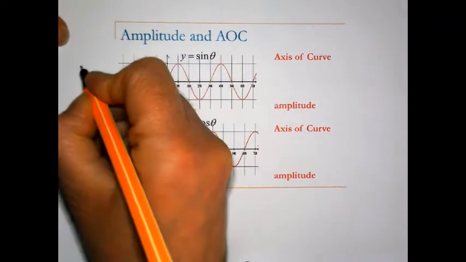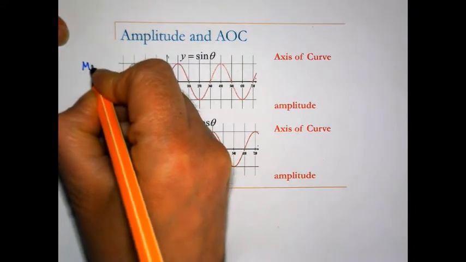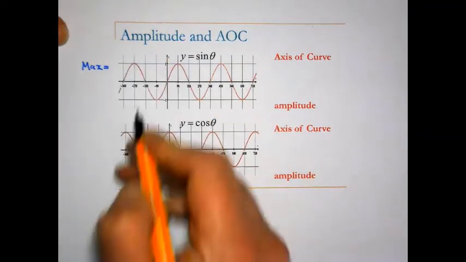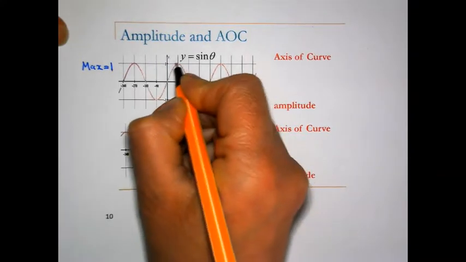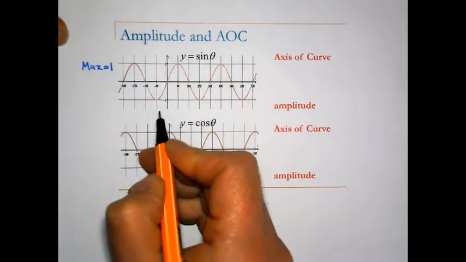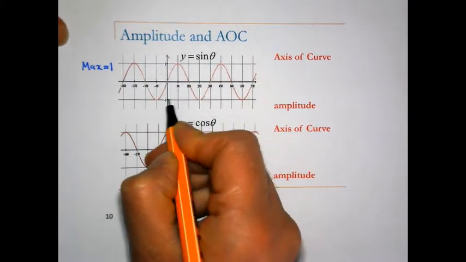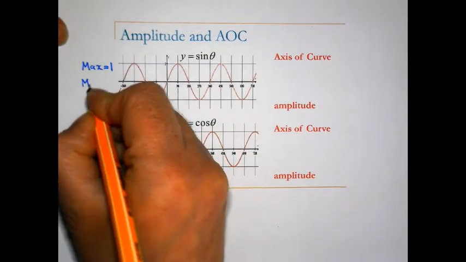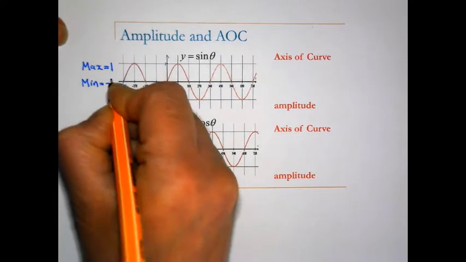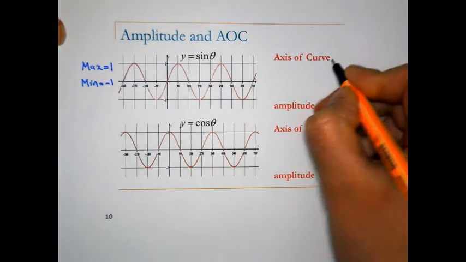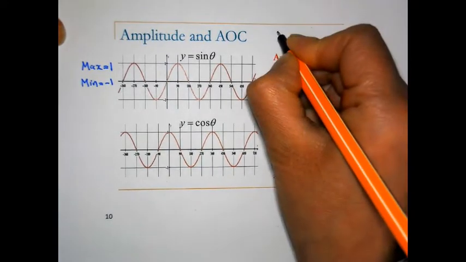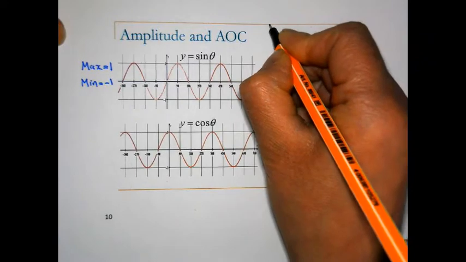The max equals 1. That's as high as it goes. And the min here is -1. For the axis of curve, if you remember, I'm going to write the formula again here.